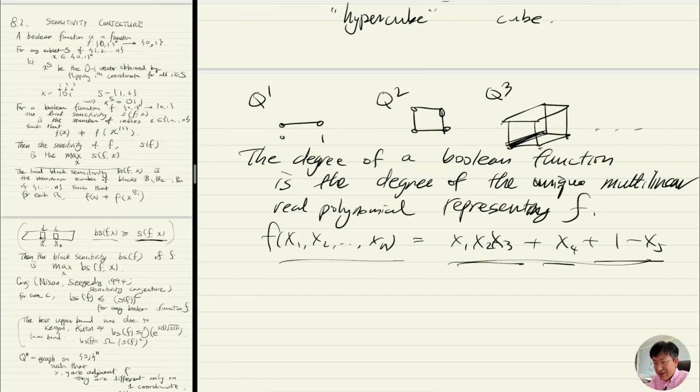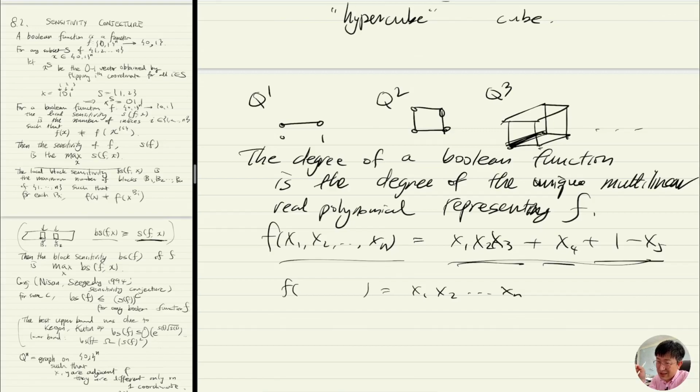And this can represent any function because I can write a function that has value 0 everywhere except one point on the cube. So for instance, if I write x1 x2 ... xn, this is a function that is 1 if the location is 1, 1, ..., 1, and otherwise it's 0.